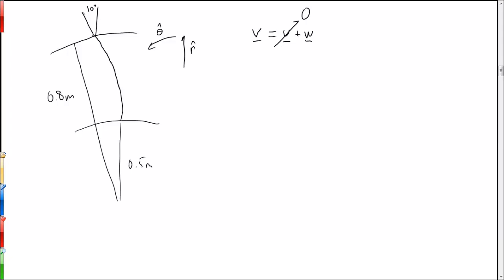We've defined the volumetric flow rate, Q, to be 20 cubic meters per second. So the mass flow rate in has to equal the mass flow rate out.